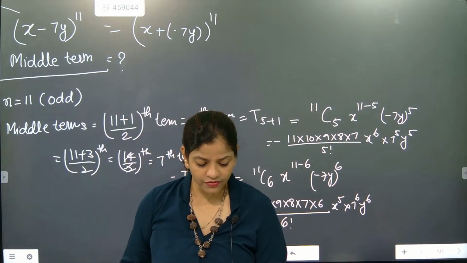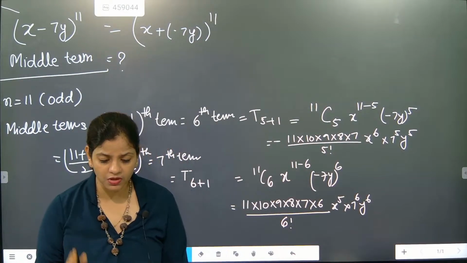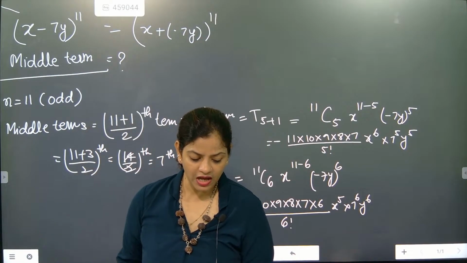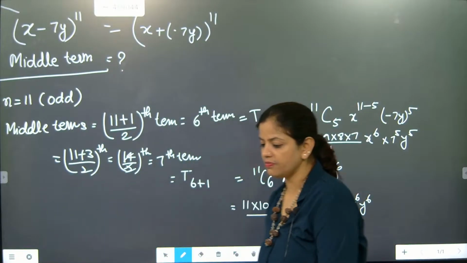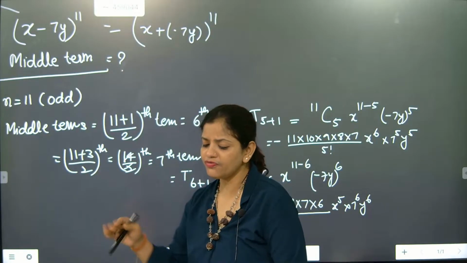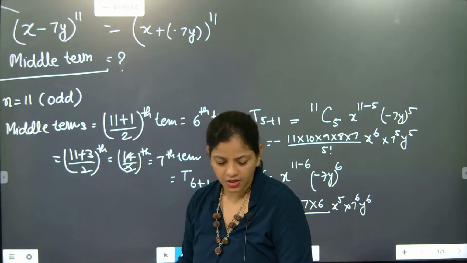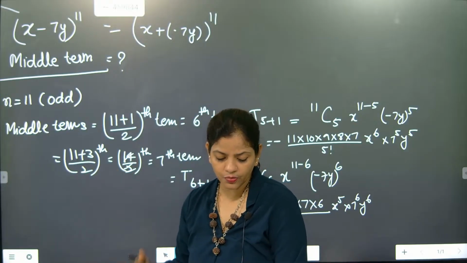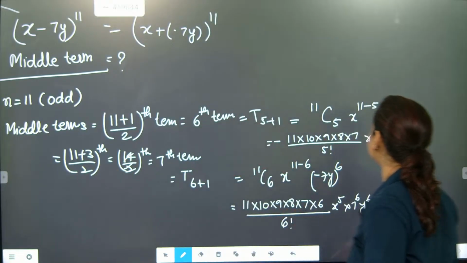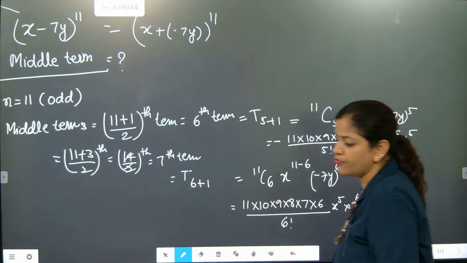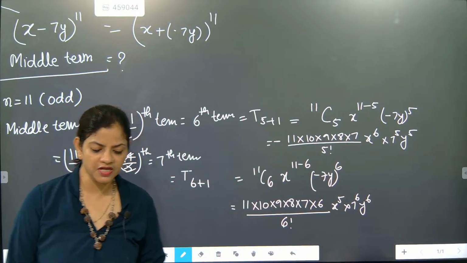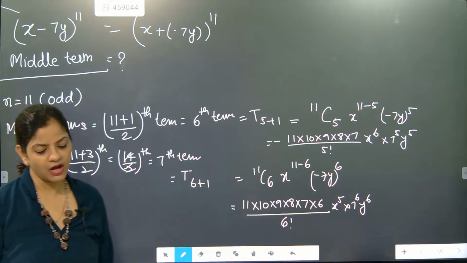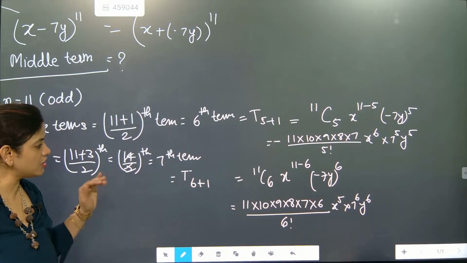So what if they ask for a particular term? What if they ask for a particular term, and how are we going to solve that part? Understood. If they are asking a particular term, then how are we going to proceed? Now look at it. Before this, say it yourself. Did all of you understand this part? Just say thumbs up. Yes, understood. We can proceed after this, because now we have got some basics.